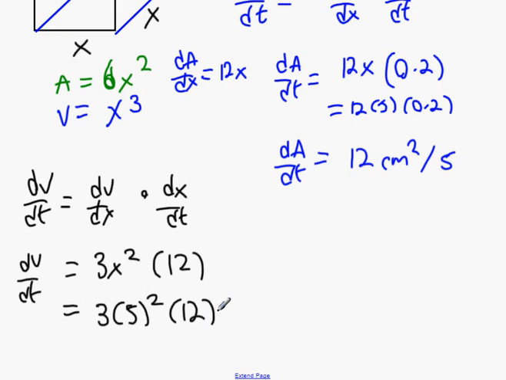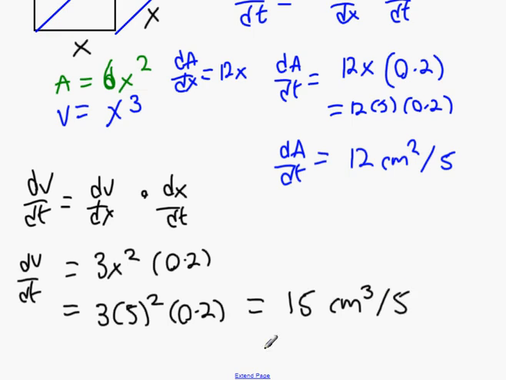What's 75 multiplied by 0.2? It's 15. So 15 centimeters cubed per second.